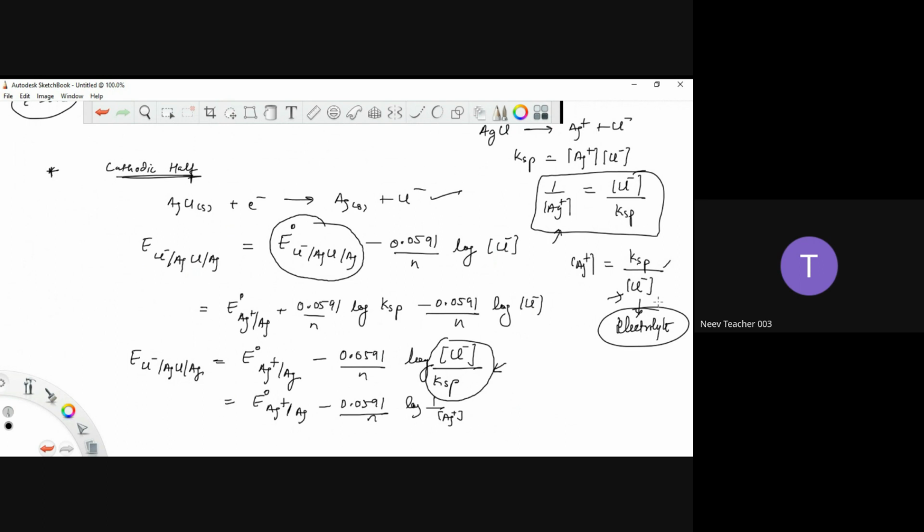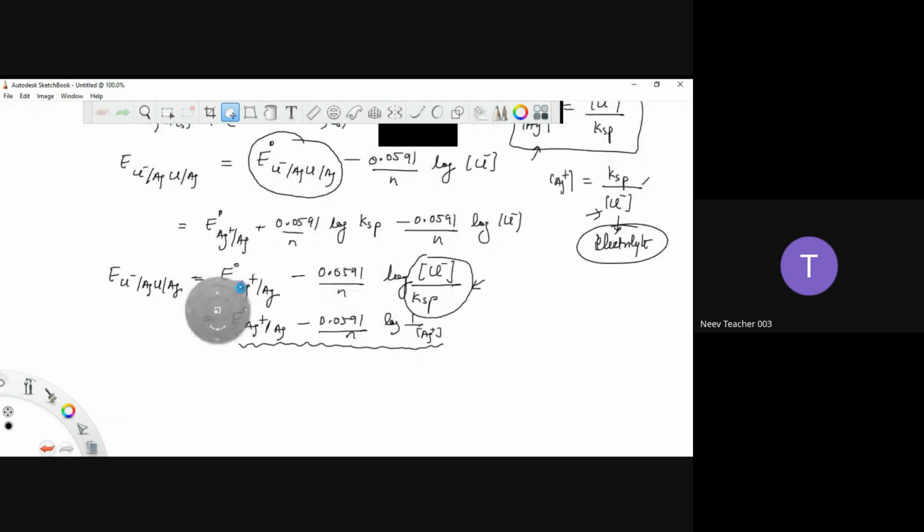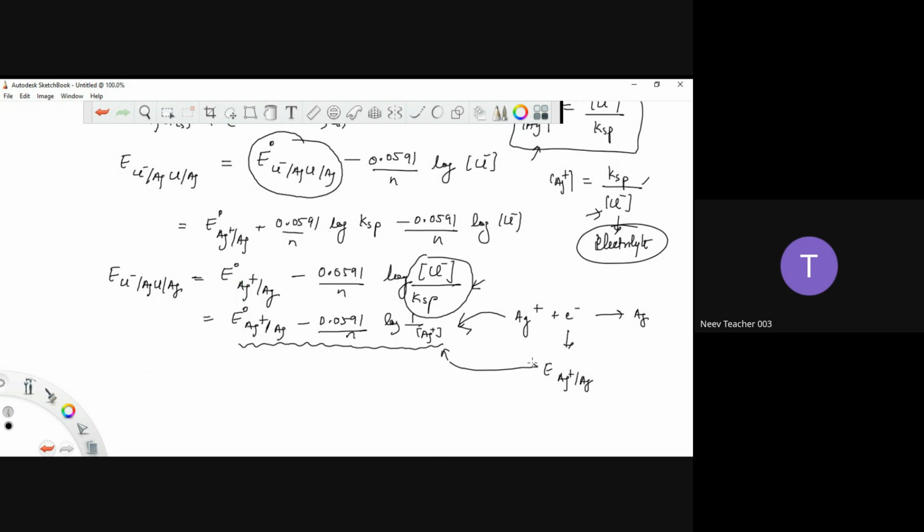Okay, one more thing. Can anyone tell me what this is? Just think and tell me. If I say Ag plus taking one electron and forming Ag, will it not be the same thing? So if I write the non-standard EMF of this Ag plus to Ag, it comes out to be the same, isn't it?